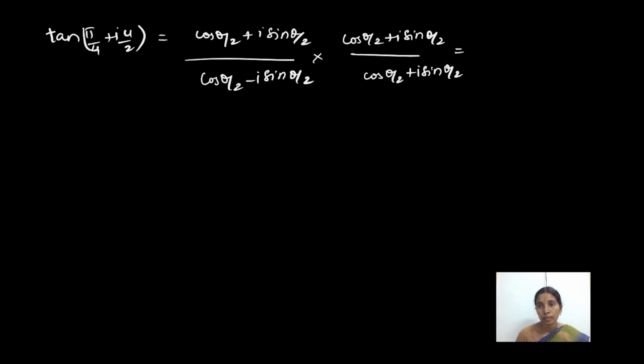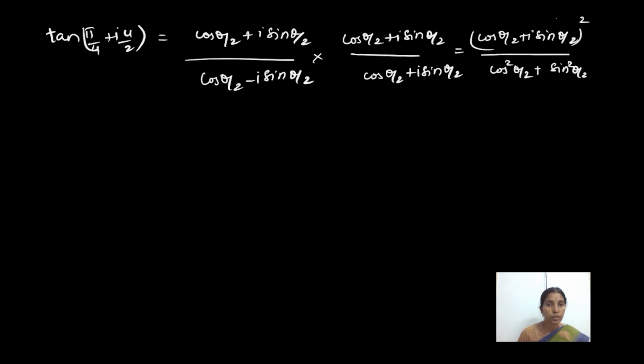In the numerator, cos theta by 2 plus i sin theta by 2 the whole square, divided by, here, cos square theta by 2 minus i square sin square theta by 2, where i square is equal to minus 1, so plus sin square theta by 2. So the denominator value is equal to 1.